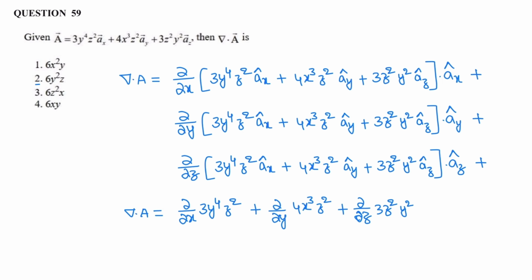Now there is no x variable here, so this term is 0. There is no y variable here, so this term is 0. Then dou by dou z of 3z square y square: 3 y square is constant and dou by dou z of z square is 2z. So the correct answer is 6 y square z, option 2.